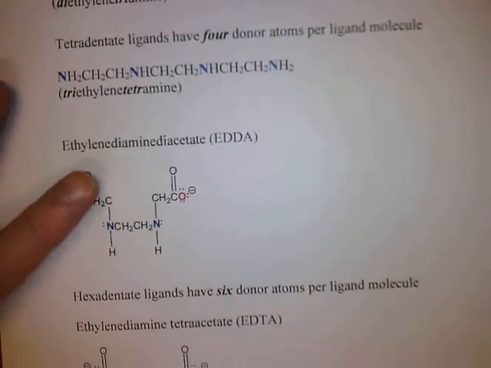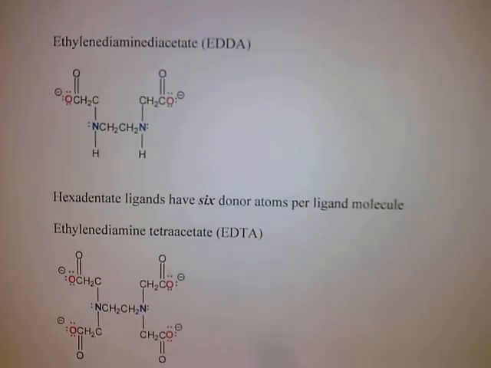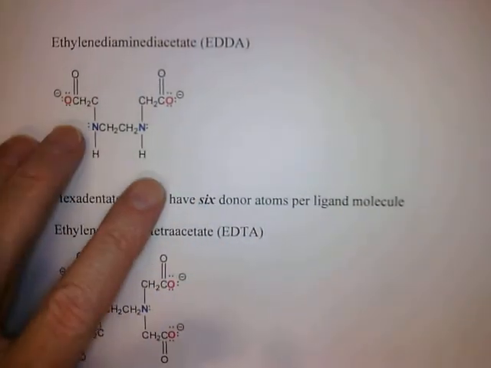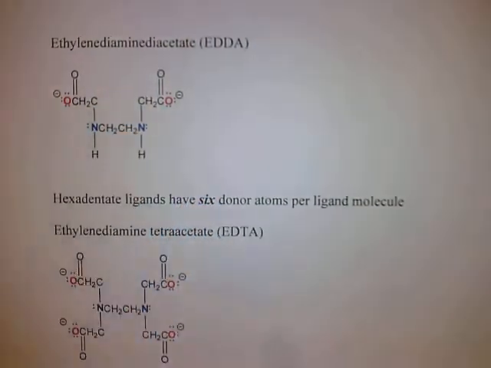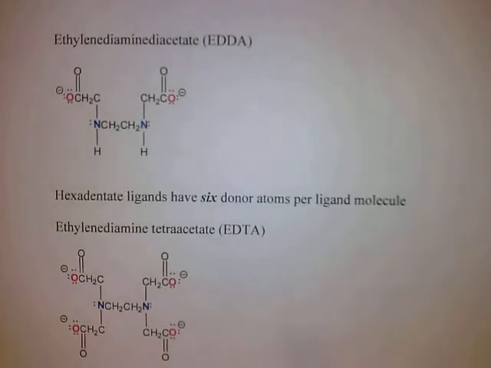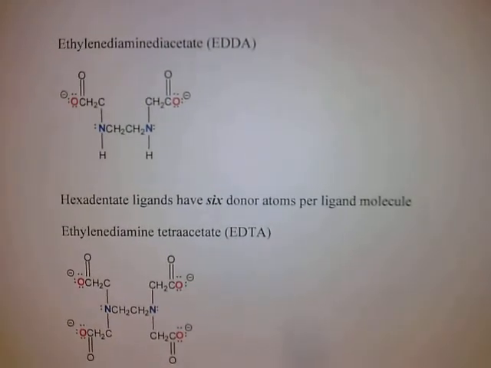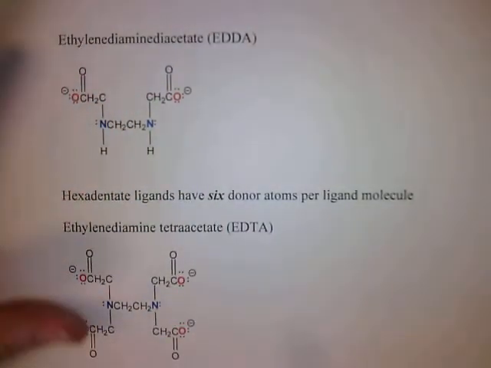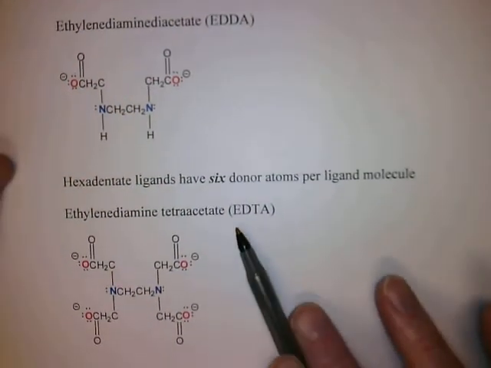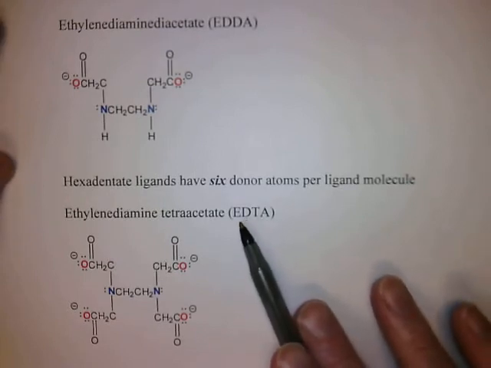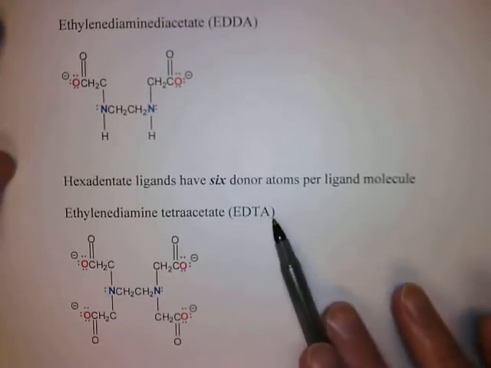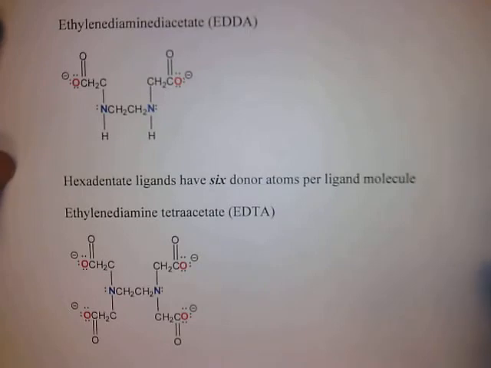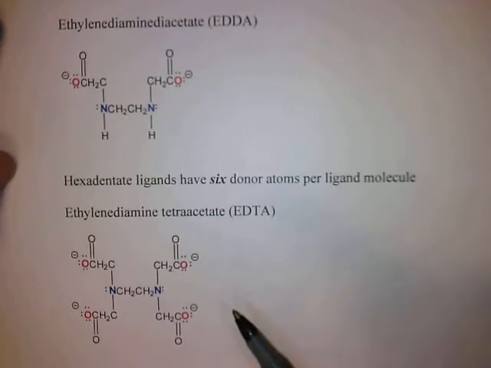Now here's the last one I think that you guys need to know. Hexadentate is going to have 6 donor atoms, okay? So the classic example of this is ethylene diamine tetraacetate, which goes by the abbreviation EDTA. And this one you might have heard of before. It's kind of an important molecule.